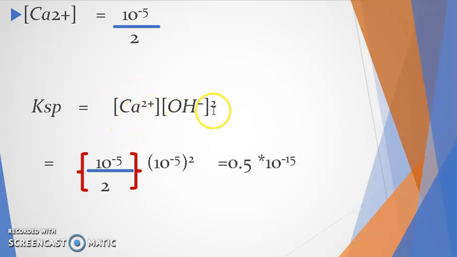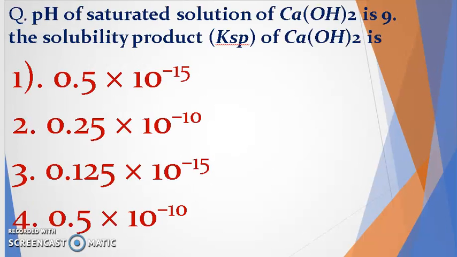Ca2+ times OH- squared. For Ca2+ we write 10 power minus 5 divided by 2, and for OH- the value is 10 power minus 5, squared. Multiplying the powers, minus 10 plus minus 5 is equal to minus 15. So 0.5 into 10 power minus 15. This is the answer. The first option is the correct option, 0.5 into 10 power minus 15, right?